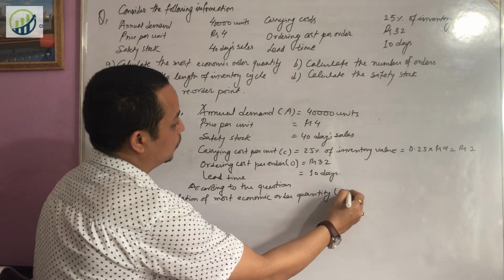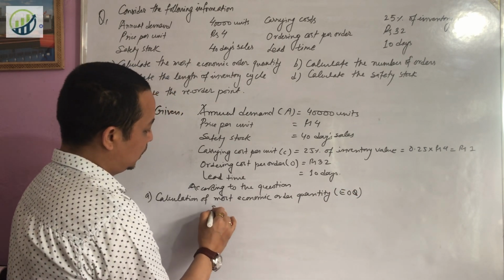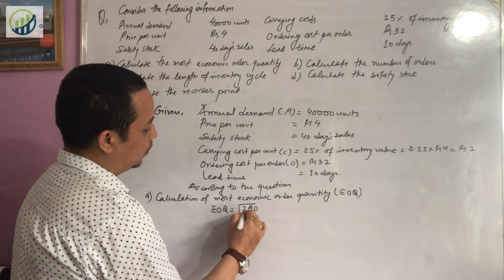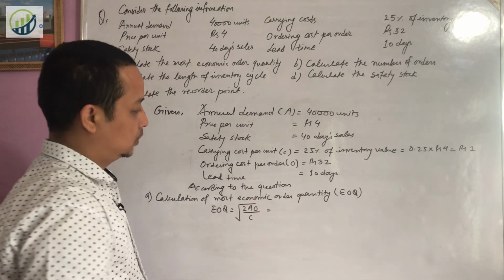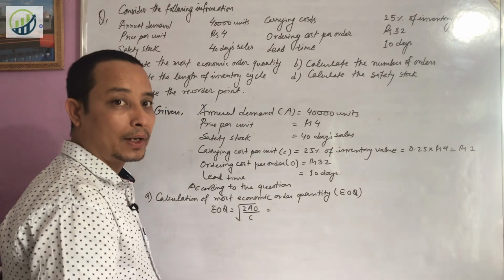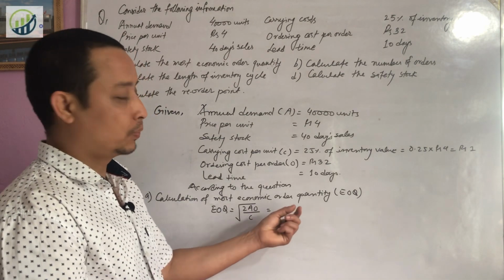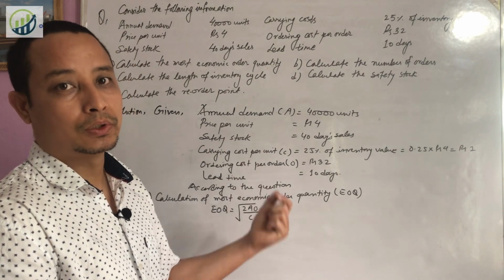This is your EOQ. So here EOQ equal to square root of 2AO upon C. So this is your formula for finding the economic order quantity. Economic order quantity is that level of quantity of purchase where ordering cost is equal to carrying cost.